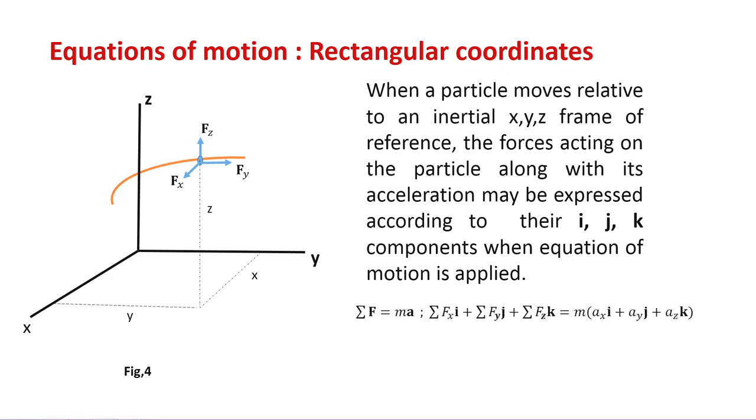So, if we apply the equation of motion, we have summation of F is equal to ma. This is the main basic equation. From that, considering the inertial xyz frame, we can write summation of Fx i plus summation of Fy j plus summation of Fz k is equal to m into (Ax i plus Ay j plus Az k).